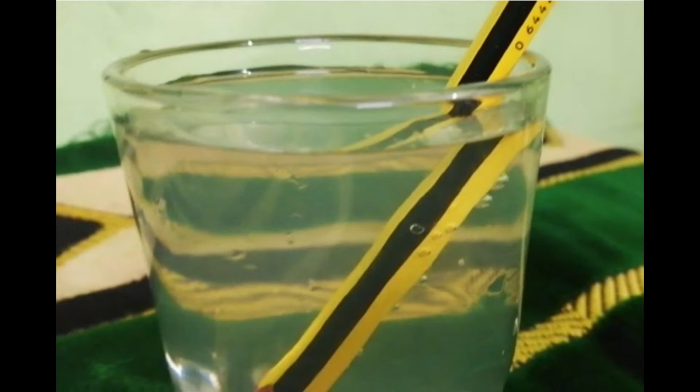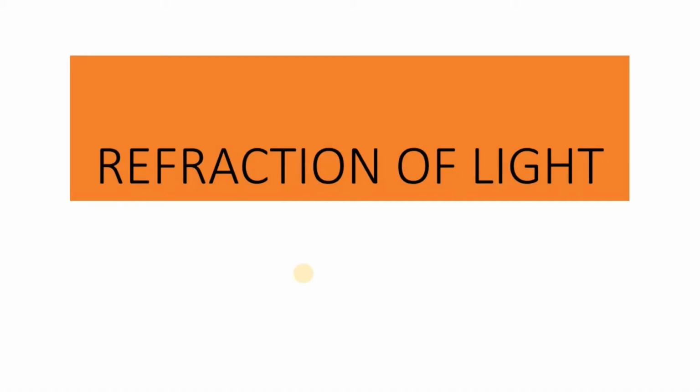Let us discuss the refraction of light. The chapter is light reflection and refraction. An important phenomenon exhibited by light is refraction. Let us discuss what refraction is all about.